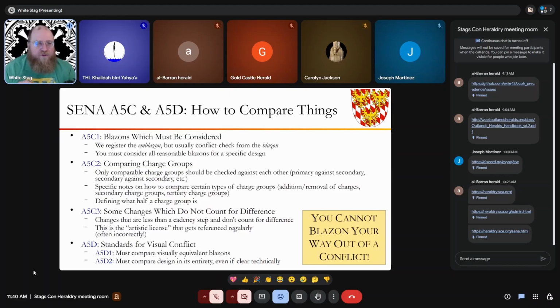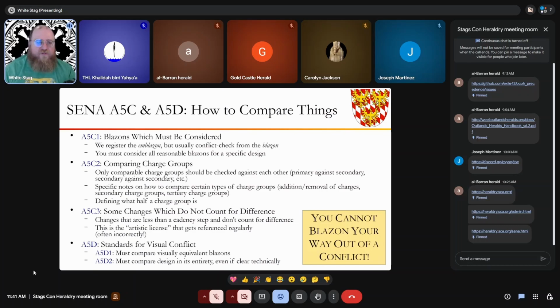Another example is a pair of chevrons throughout, and piles are very, very similar visually. So if you have a pair of chevrons throughout division and a pile, which is a central ordinary, so a primary charge, you need to check both because you could have a visual conflict.